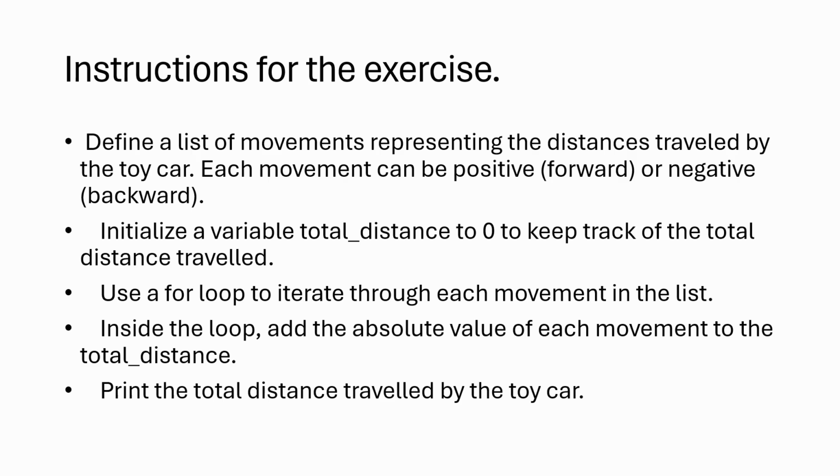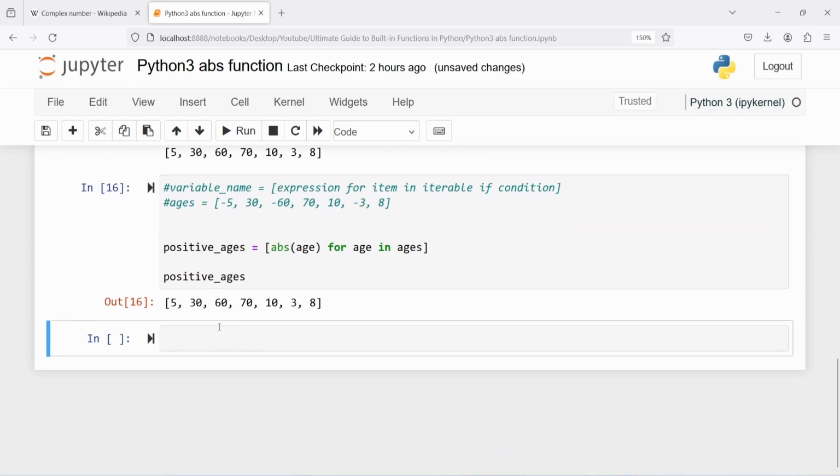Then you're going to use a for loop to iterate through all the movement of the car. Then inside the for loop, you're going to add an absolute value for each of the elements to convert it into positive. Then you're gonna print the total distance traveled by the toy car. All right, so guys, pause the video, try it yourself, and then have a look at my solution. Okay, perfect. Let's do that.